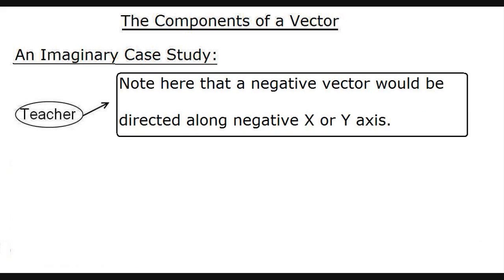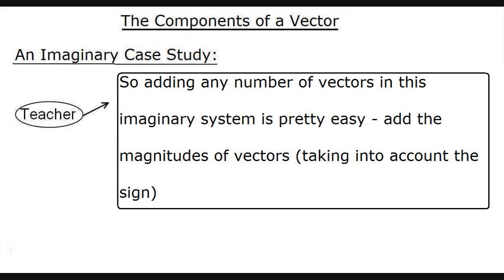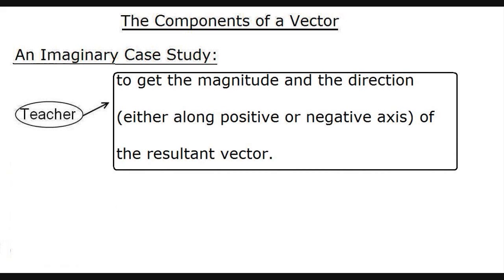Note here that a negative vector would be directed along the negative x or y axis. So adding any number of vectors in this imaginary system is pretty easy. Add the magnitudes of the vectors, taking into account the sign, to get the magnitude and the direction, either along the positive or negative axis, of the resultant vector.